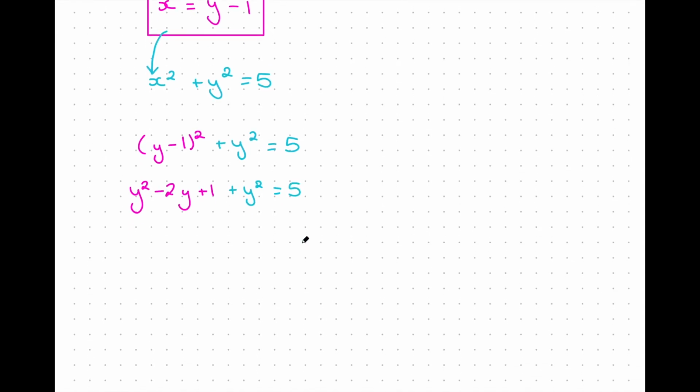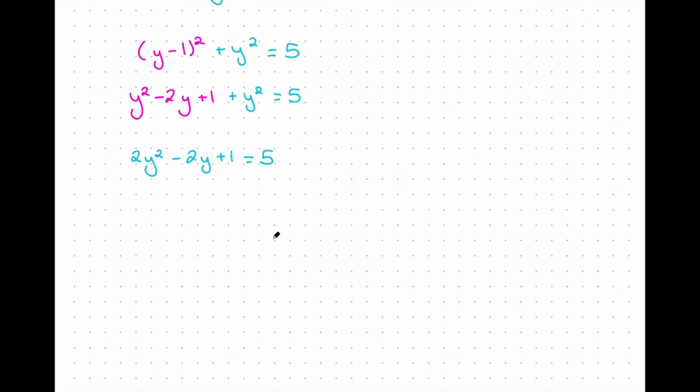And I'm just going to tidy that up. So then I'm going to get y squared and y squared gives me 2y squared minus 2y plus 1 is equal to 5. Now, that's lining up to be a quadratic. And if I want to solve a quadratic, I need to have everything to the one side and let it equal 0. So I'm going to have 2y squared minus 2y.